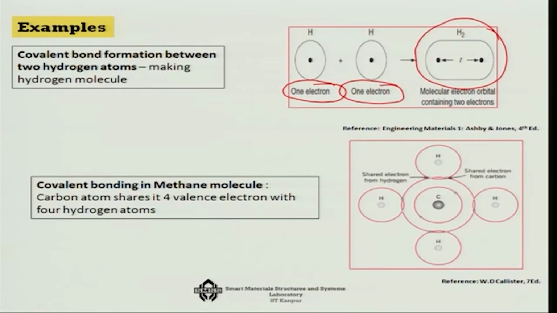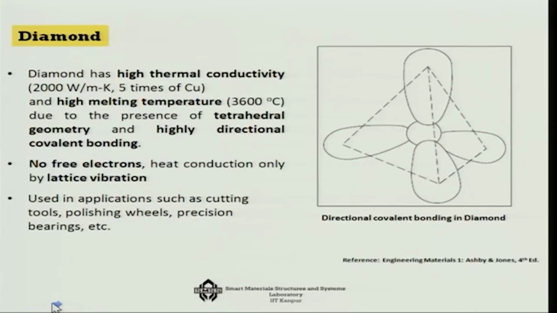If you think of another example, between two dissimilar atoms, carbon can absorb 4 electrons, and hydrogen can share 1 electron. So, 1 pair, 2 pair, 3 pair and 4 pair, that is how CH4 or methane is formed, by the sharing of 4 hydrogen atoms with 1 carbon. So, that is between 2 dissimilar atoms.